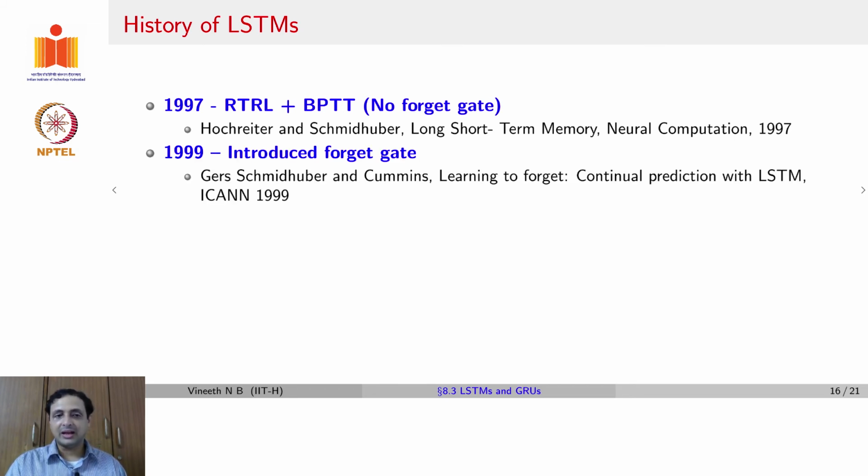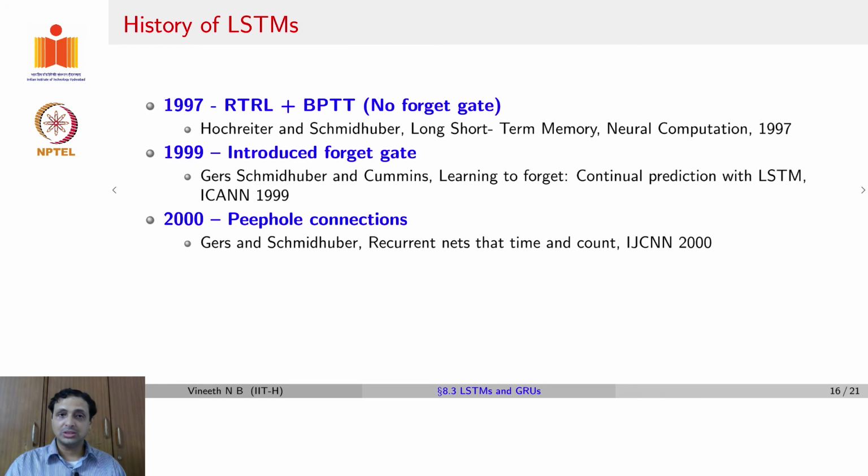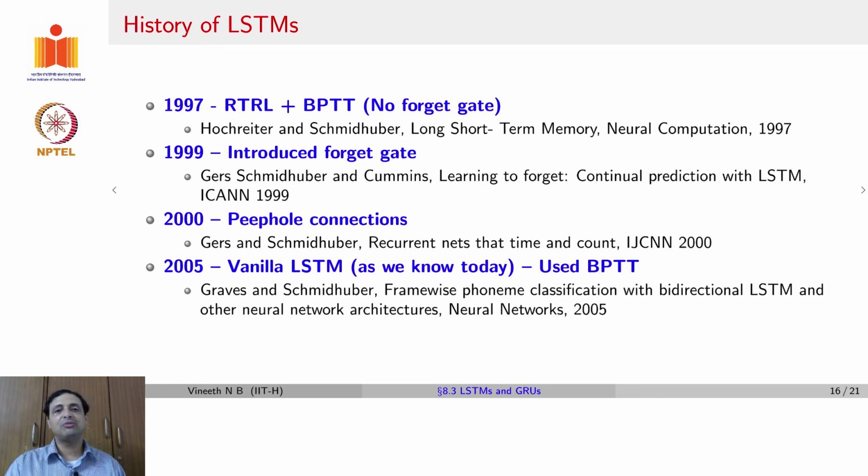Then in 1999, Schmidhuber again, their group introduced the forget gate into the LSTMs. In 2000, the variant with peephole connections was introduced, and in 2005, Alex Graves, who is probably responsible for the version of RNNs and LSTMs that we see today, introduced the vanilla LSTM as we know today with all the components.